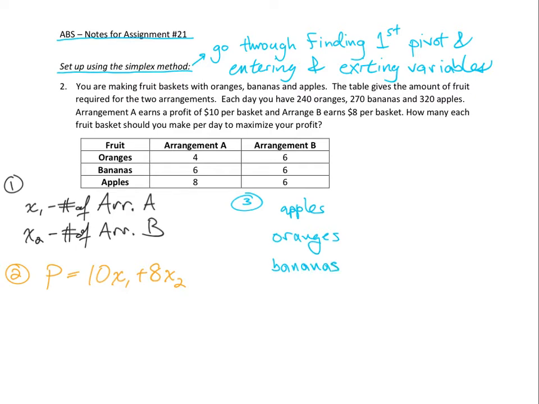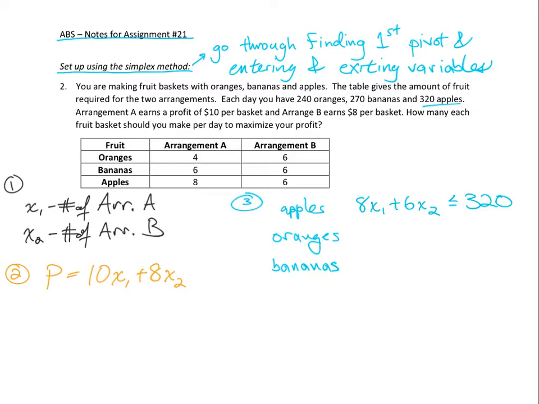From here, we know that for apples, down here in the bottom row, each arrangement A uses 8 and each arrangement B uses 6. So we'll have 8x sub 1 plus 6x sub 2, and there are 320 apples available daily. We can't go above that, so we have to be less than or equal to 320. If you end up using less than 320 apples, you can have a healthy snack for that day.